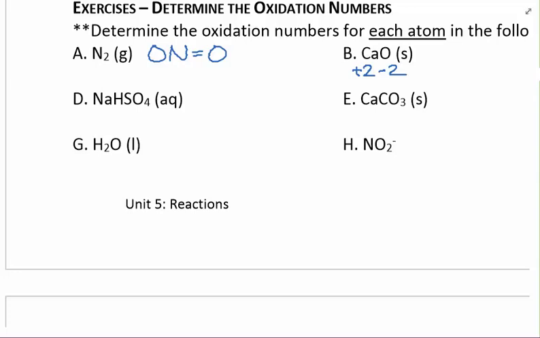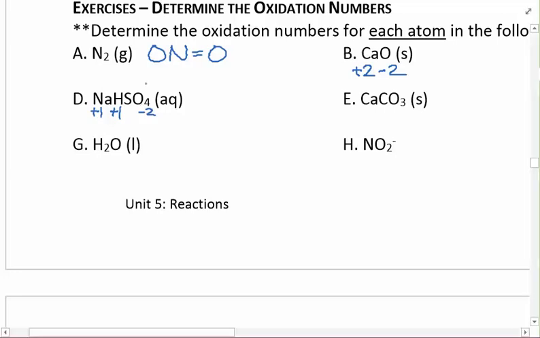So the next example, we have 4 different elements, which makes it a little bit tricky. So the sodium is +1 because it's in group 1. Oxygen is -2. We have a hydrogen and a sulfur. So hydrogen is usually +1, and it is in this case because it's bonded with nonmetals. So the only thing we have left is the sulfur. We do have to take into account any quantities we have.